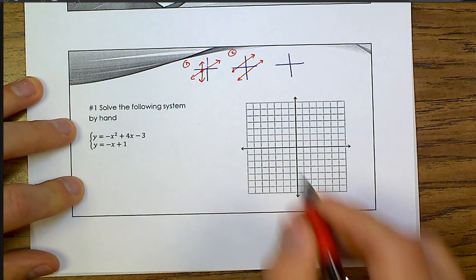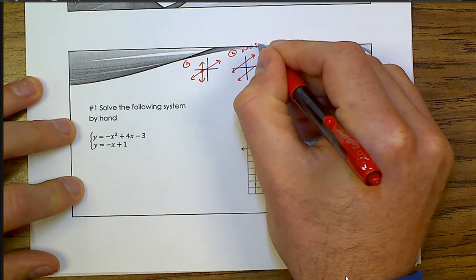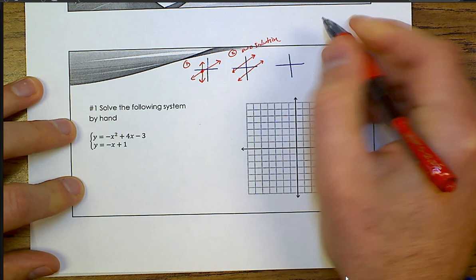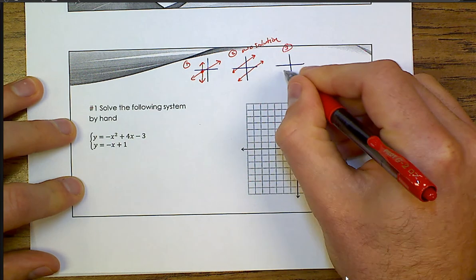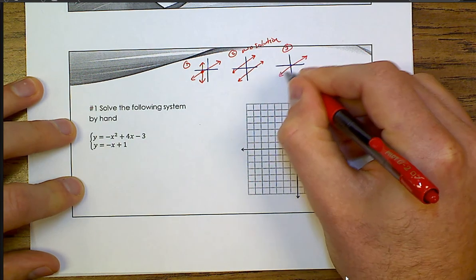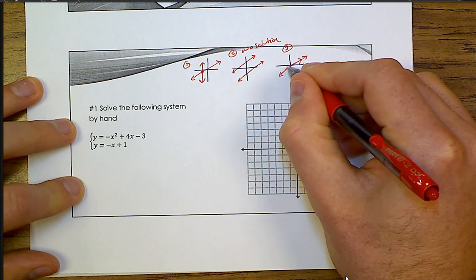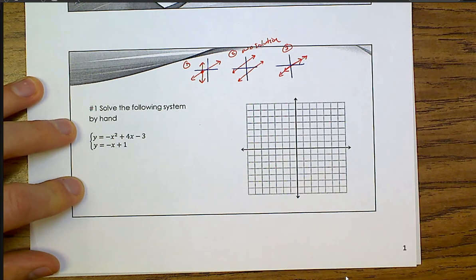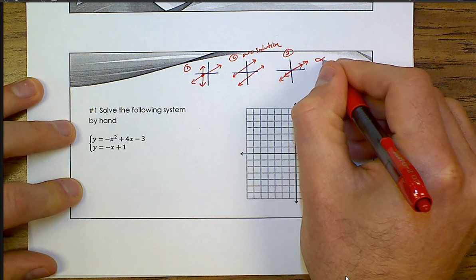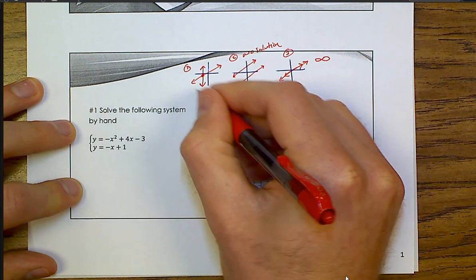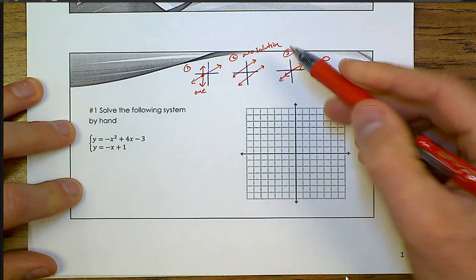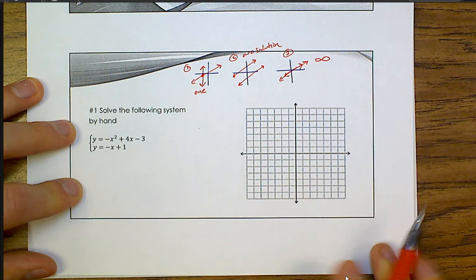You had no solution. The third situation is if you graphed a line and then graphed the second line, and it's the same exact line, that gave us infinitely many solutions. So this was one solution, no solution, and infinitely many solutions.